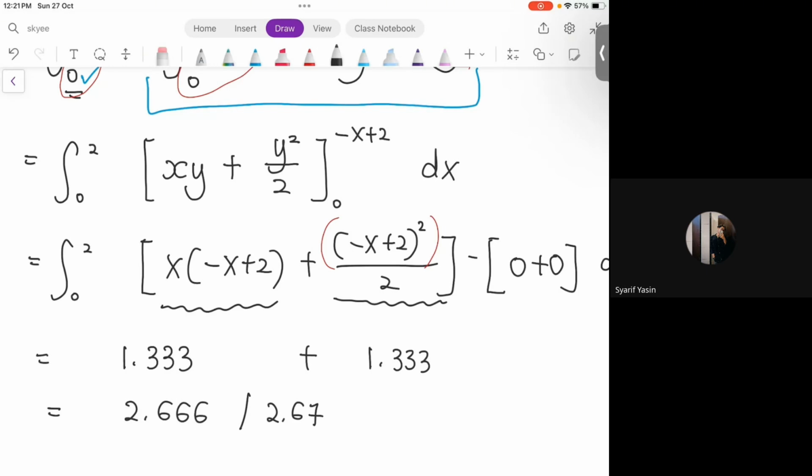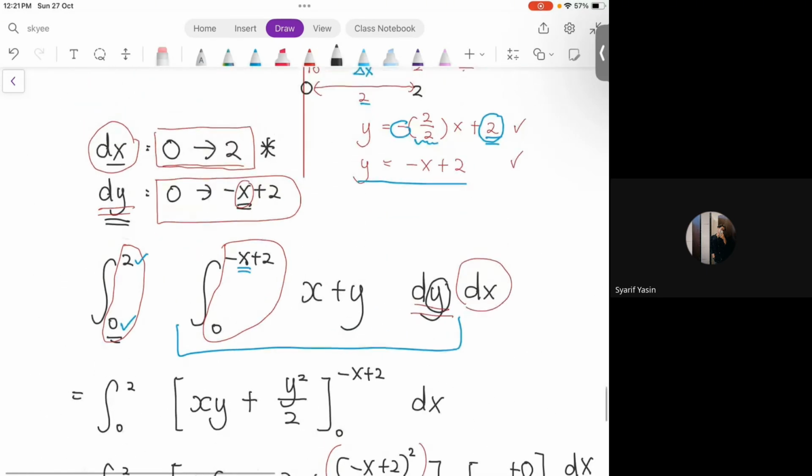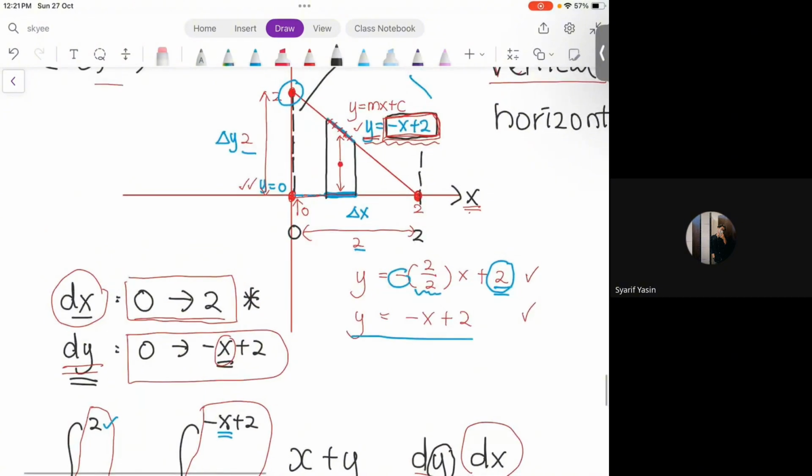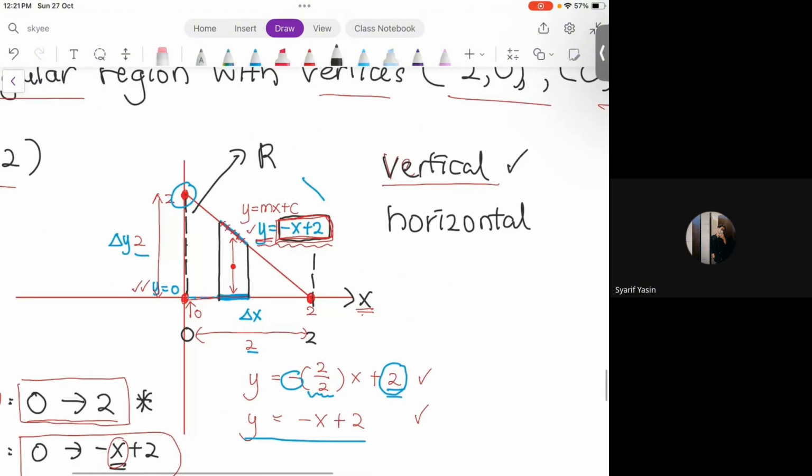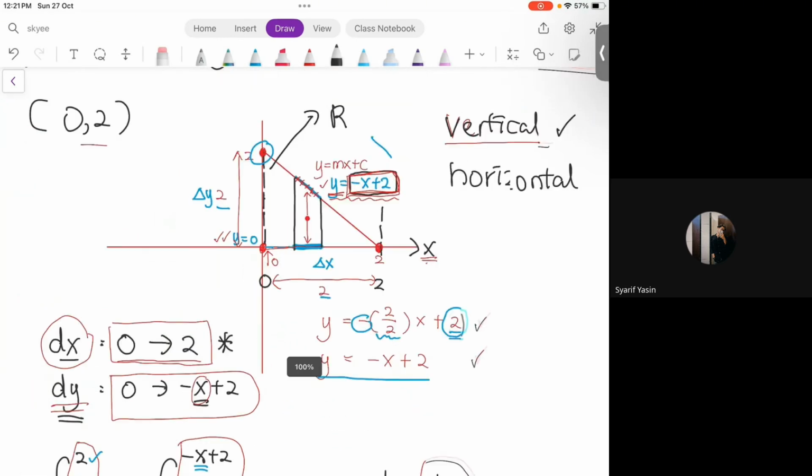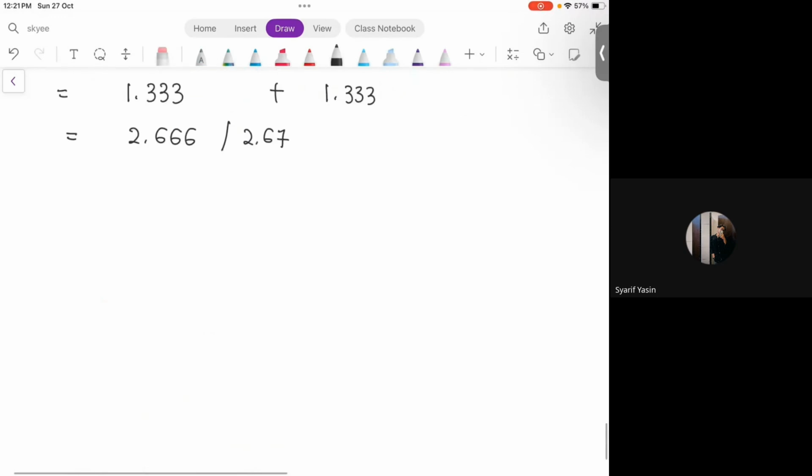Okay, so what I have explained just now is solving this one using the vertical strip technique. Okay, so we are going to try the same question but using horizontal strip. So now this is horizontal strip.